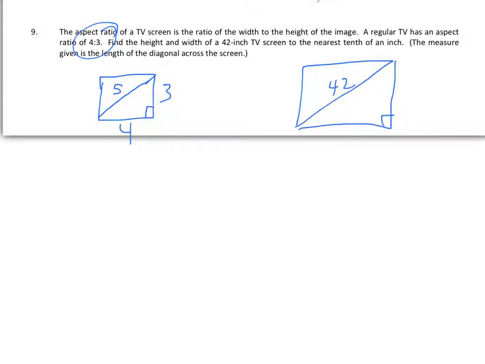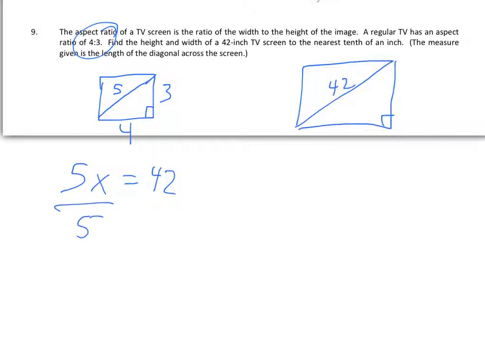So this is going to be using that same ratio, but we don't know what we're multiplying 5 times to get to 42. So we're going to say 5x equals 42.